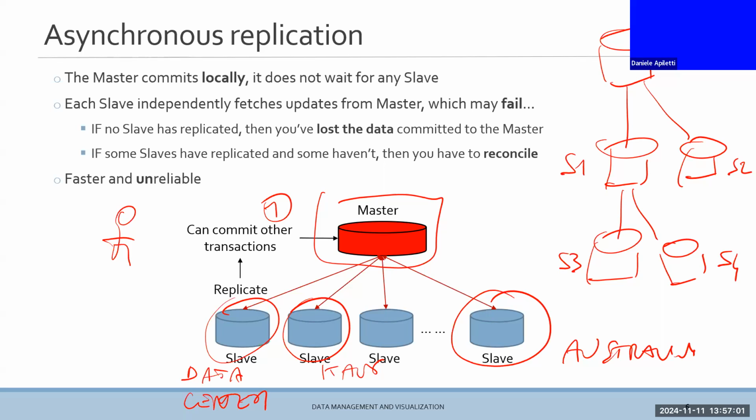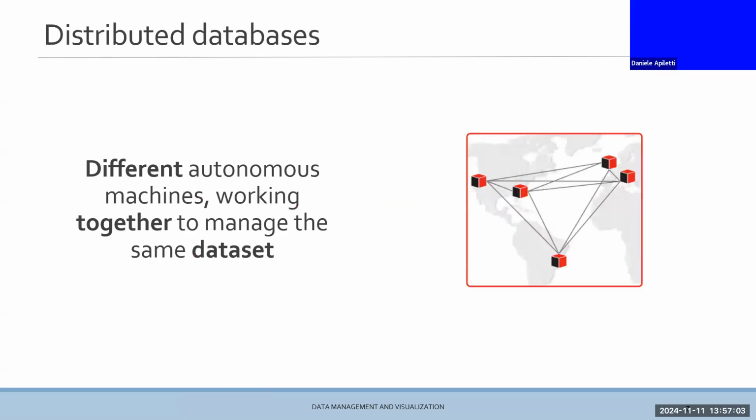So given that, now we can focus on what distributed databases are, okay? In distributed databases, we have one database consisting of many nodes, but from outside, I would like the database to behave as if it were a single unit.